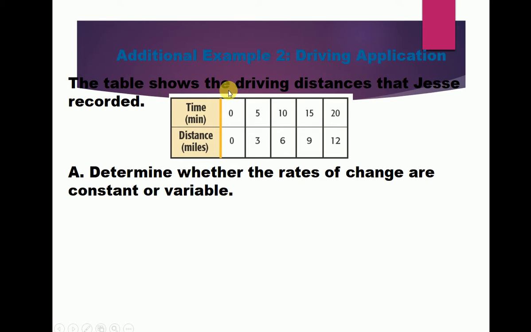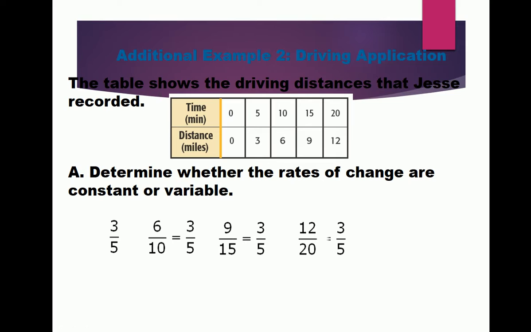Now you have an example where you have time and distance data. What you want to do is find whether the rate of change is constant or variable. How do you do it? First of all, find out the individual slopes. The rise will be the distance because it is the dependent value, and the time will be the independent value.